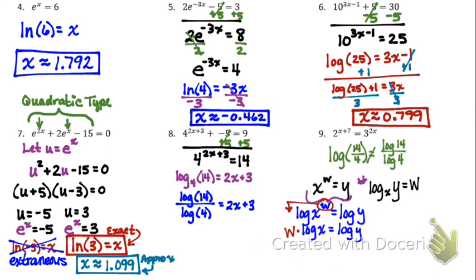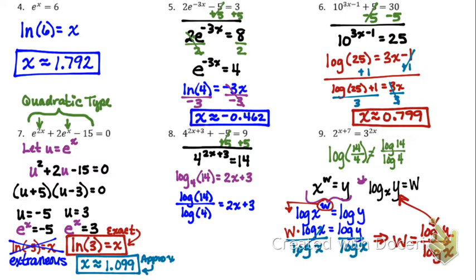Divide both sides by log x. And so I would get w is equal to log y over log x. w is equal to log base x of y when I just rewrote it as a logarithm.